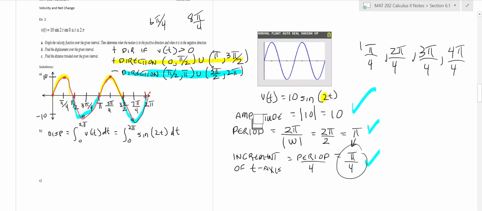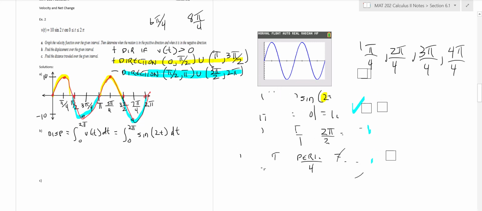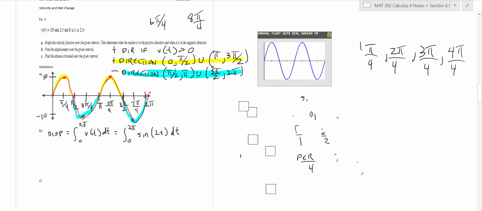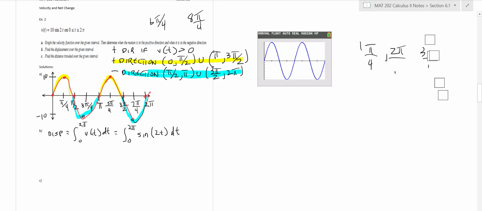So I'm going to need to erase this stuff right here so I can take a little bit of room up and just review a lot of things. I like to review as I go because you're going to forget things you learned from Calc 1. So first of all, a couple of things to remember are these two things.